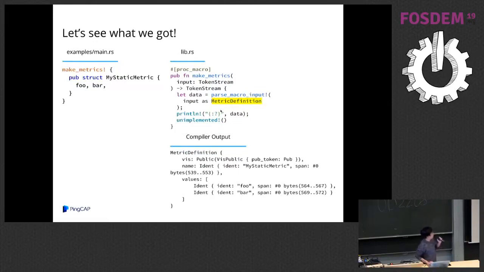So in this way, it will parse the input token string using your metric definition parser and generate the structure you want. So here is the structure we parsed from this input. As you can see, the visibility is pub, and the name is MyStaticMetric, and there are two values, foo and bar. So right now it's all fine.